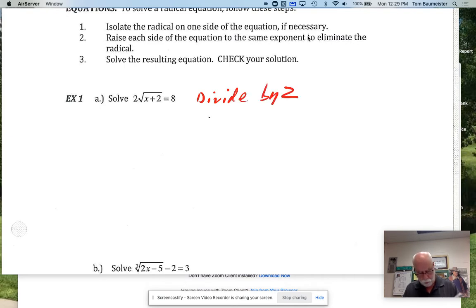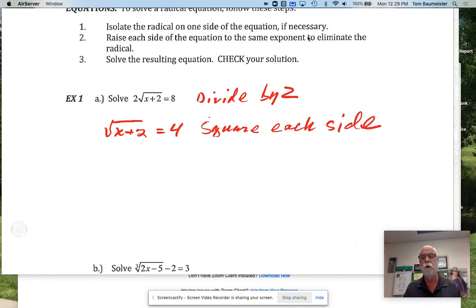So if we divide both sides by 2, we'll get that the square root of x plus 2 is equal to 4. So then we're going to square each side, because again, to undo a square root, we have to square it. So we're going to square, and we're going to square.